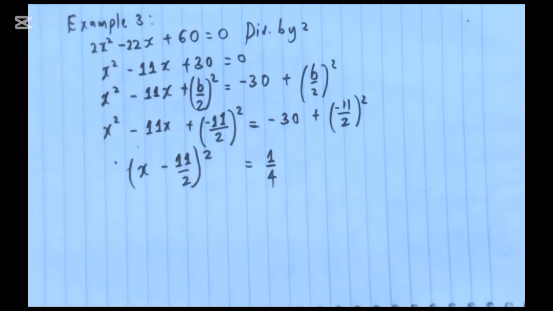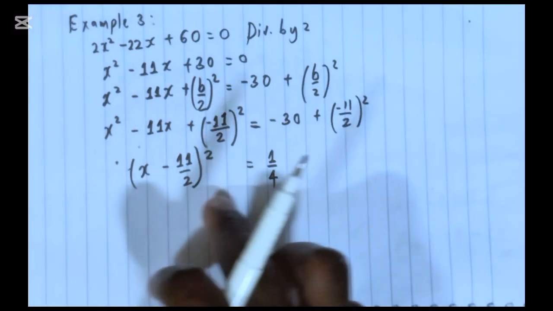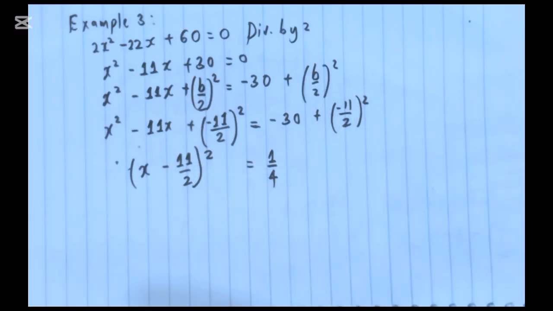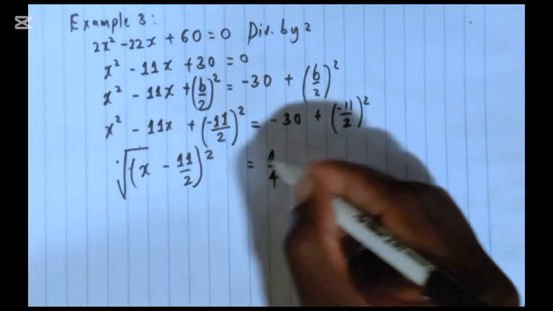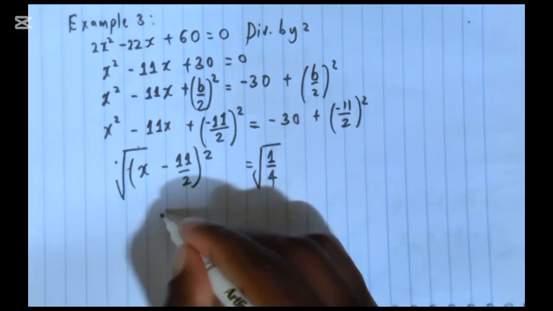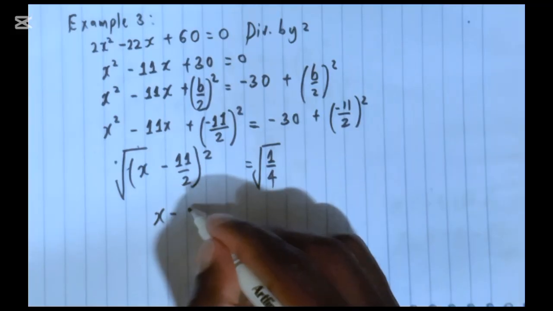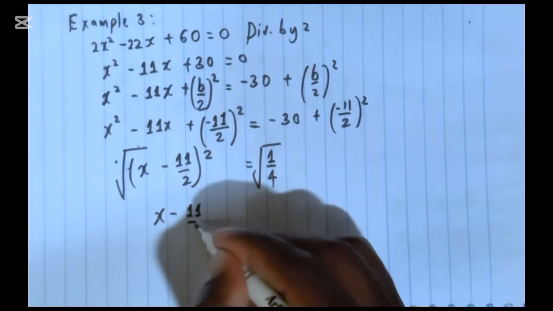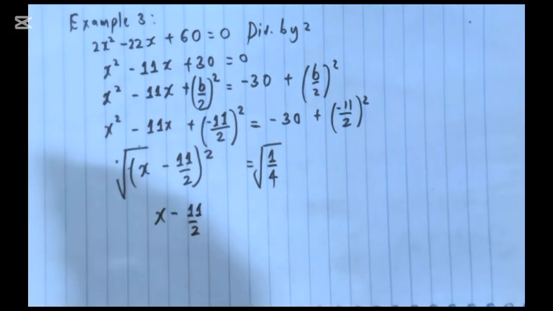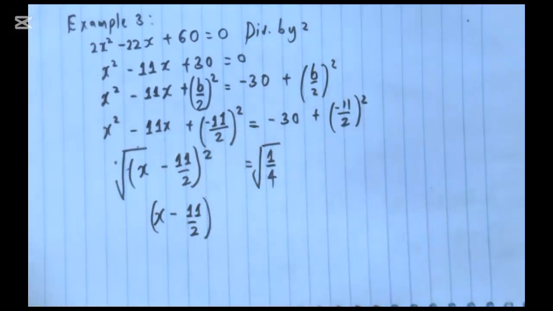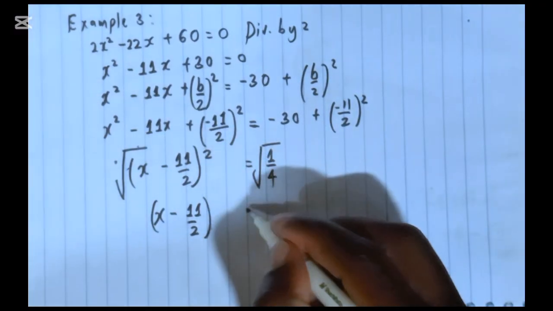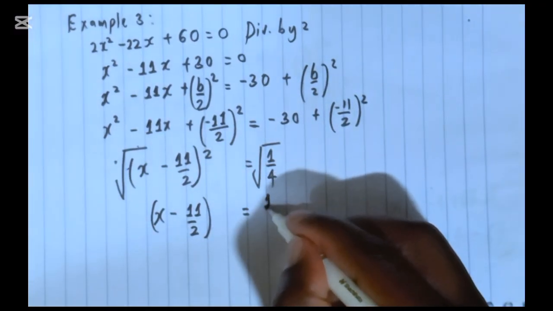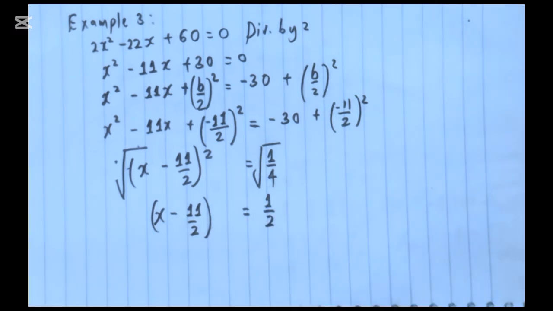Then, for us to find the value of x, we find the square root of the left hand side and the right hand side. The square root of the left hand side is x minus 11 over 2, and the square root of the right hand side is going to be 1 over 2, basically a half.